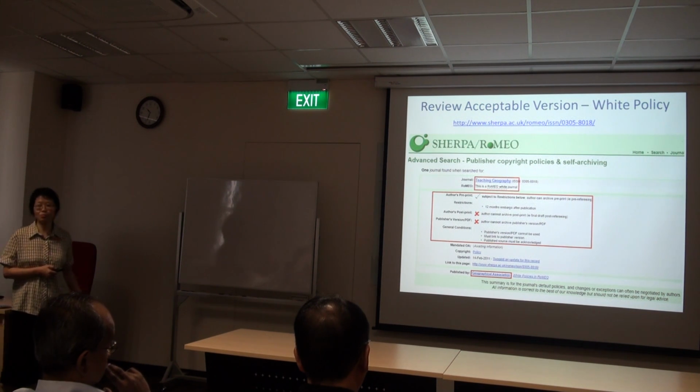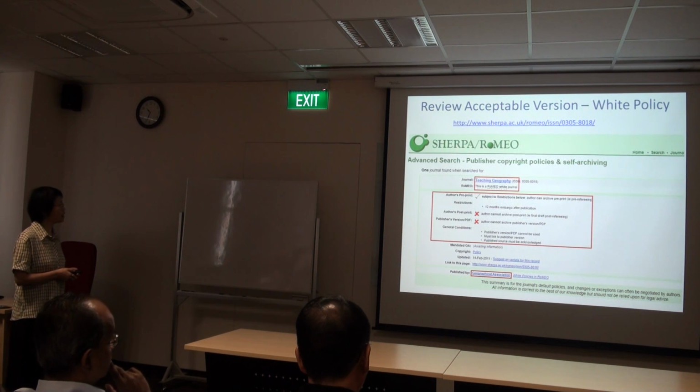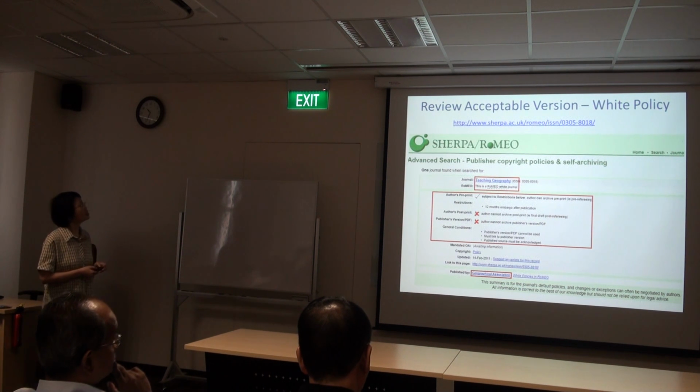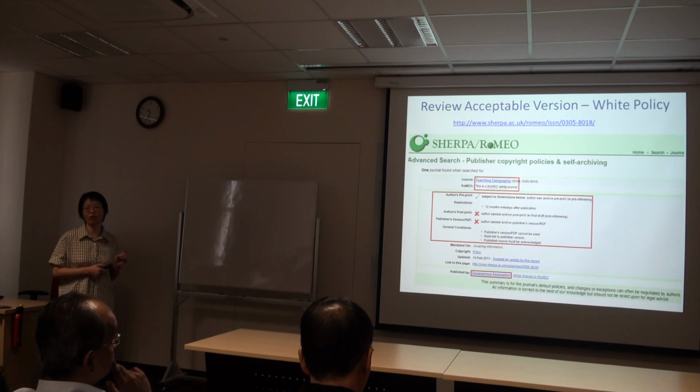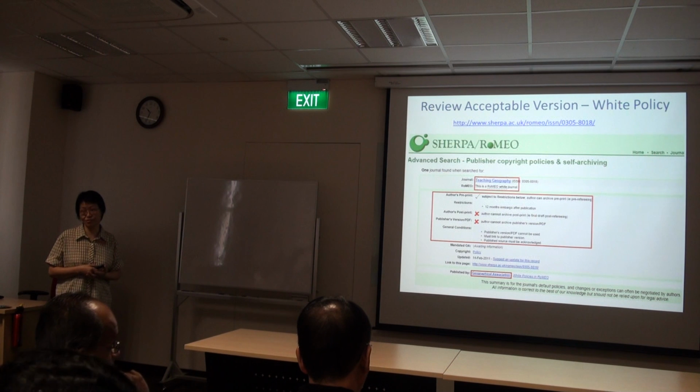But again, for specific journals like this one, Teaching Geography, published by the Geographical Association, it allows deposit of the author's preprint after a 12-month embargo. This is by default. We hope that before you submit your publication, or rather before you sign the copyright transfer agreement, you would use the SPARC addendum.